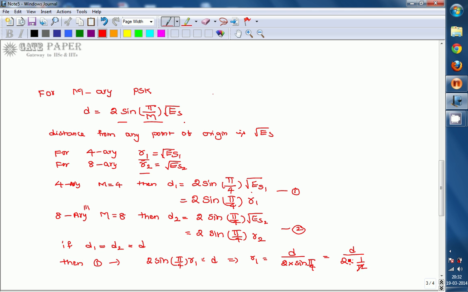The 2 cancels, leaving D by root 2, that is 1 by root 2 times D, which equals 0.707 D.